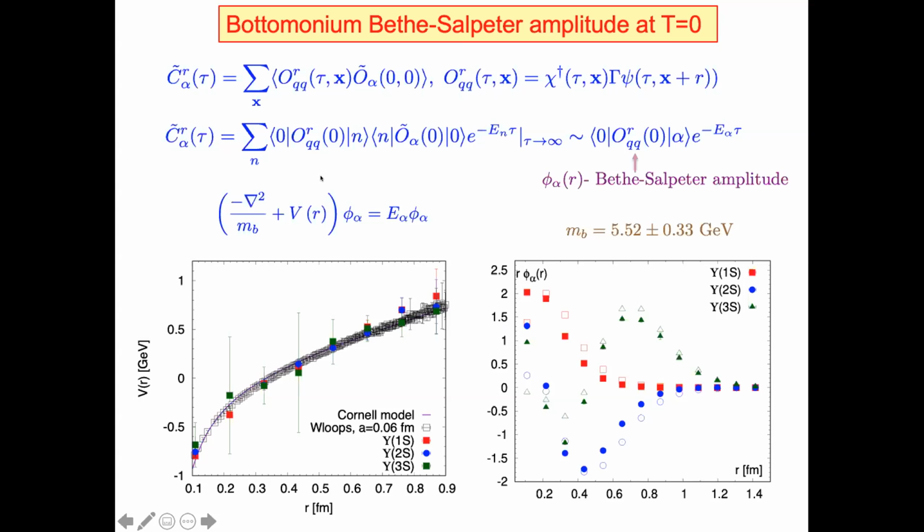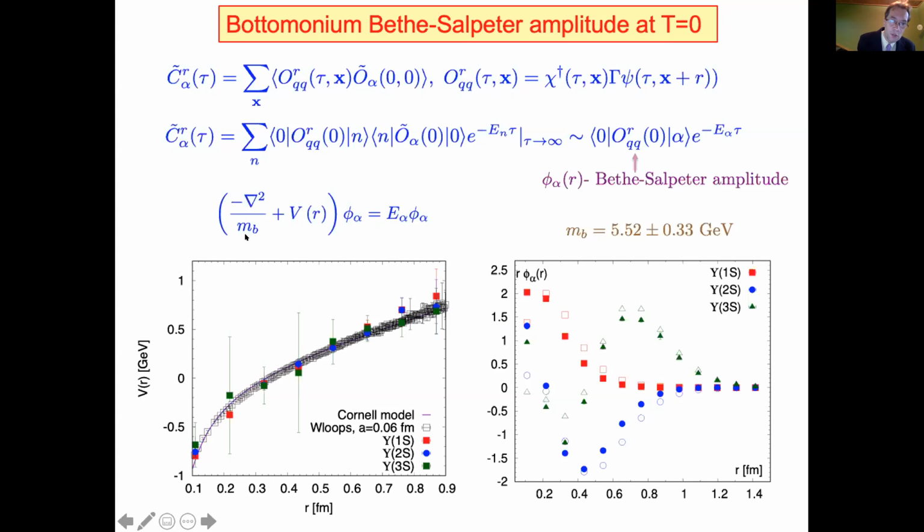So we could assume that this quantity phi alpha satisfies the non-relativistic Schrödinger equation with some potential. If you have the energy values from the lattice, and you determine the Bethe-Salpeter amplitude from the lattice data, in principle you have phi alpha for 3 Upsilon states.